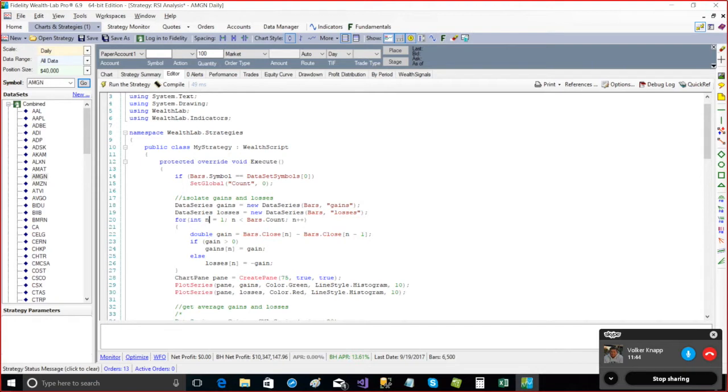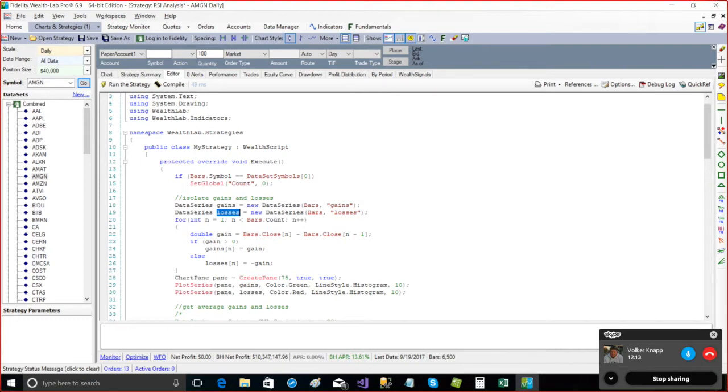So what I'm doing here is going through each bar in the chart and calculating a variable called gain. Gain is equal to the closing price minus the previous closing price. If that gain value is greater than 0, I assign it to a data series called gains. If it's less than 0, I assign it to a data series called losses.